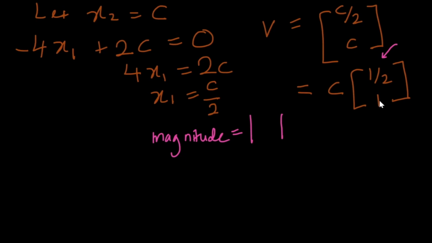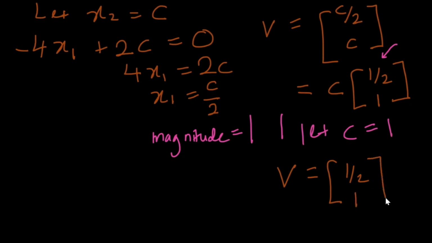The largest magnitude of the elements in here is 1. By taking c equal to 1, V would be half and 1. So when lambda is equal to 7, the eigenvector is (half, 1).